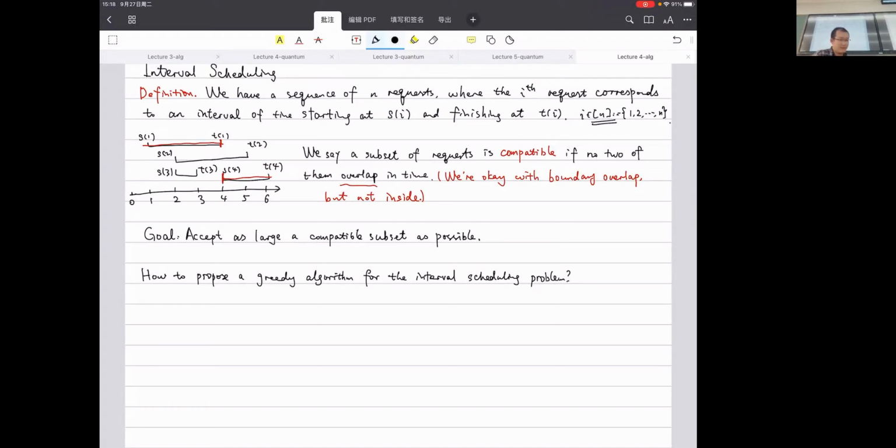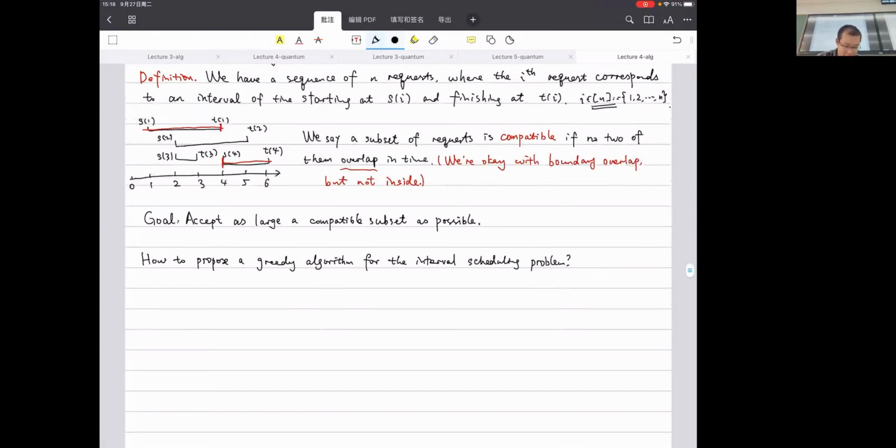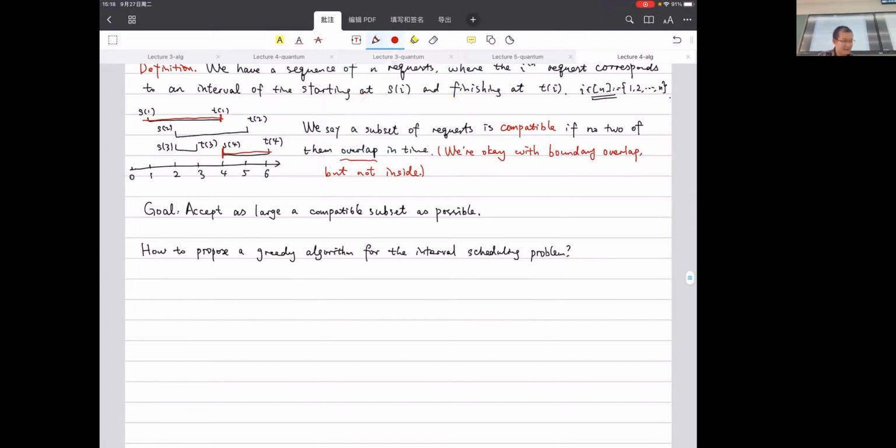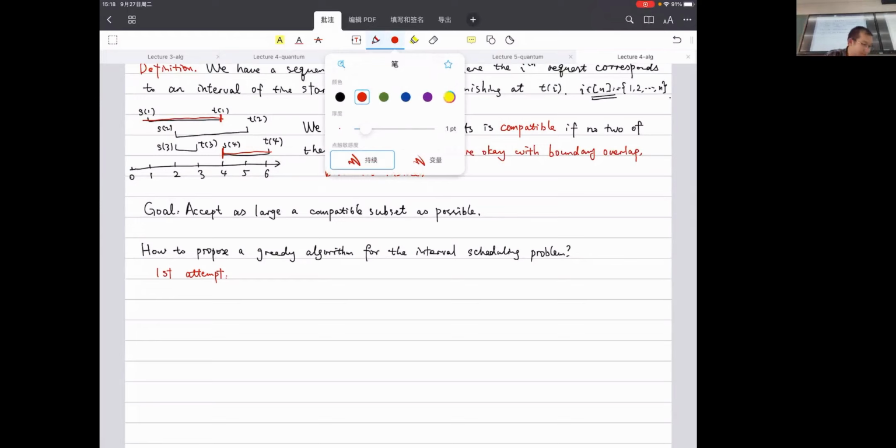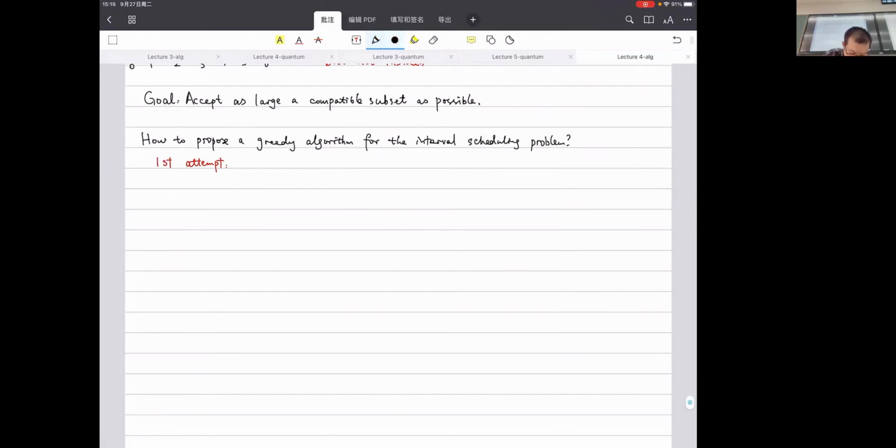So maybe let's begin with a few attempts and let's see whether they're actually good or not. Maybe the first thing, and actually a natural thing that you can consider, is that you always select the earliest interval, the interval that starts the earliest.